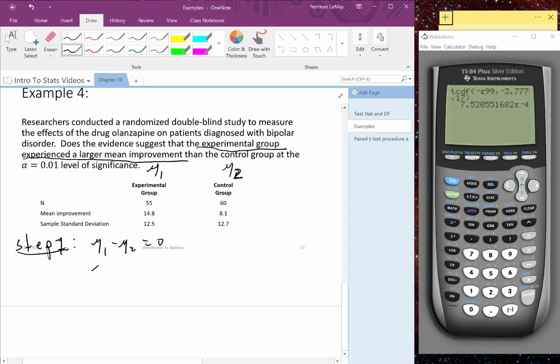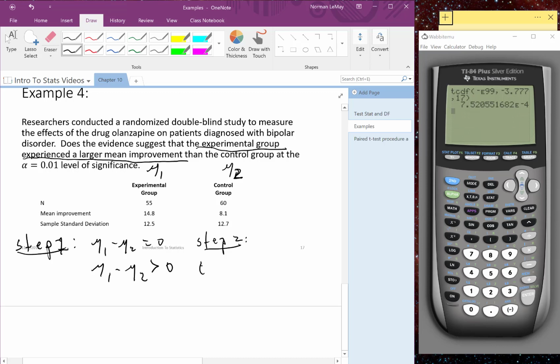So that means that mu1 is bigger than mu2, bring the mu2 over, and we can easily see that this is going to be mu1 minus mu2 greater than 0. All right, so step 2 is to compute the test statistic and the degrees of freedom.